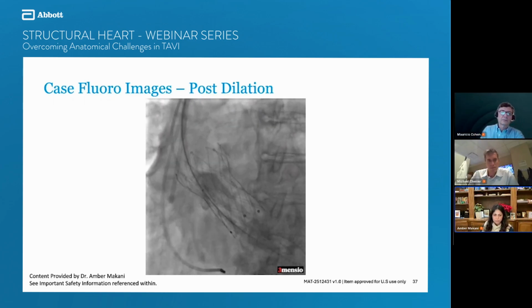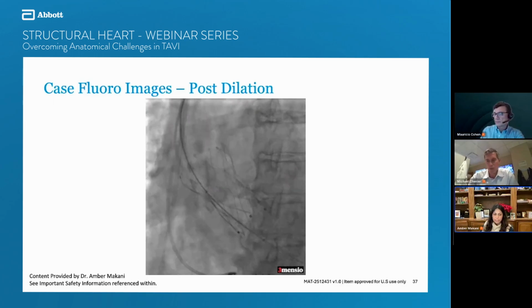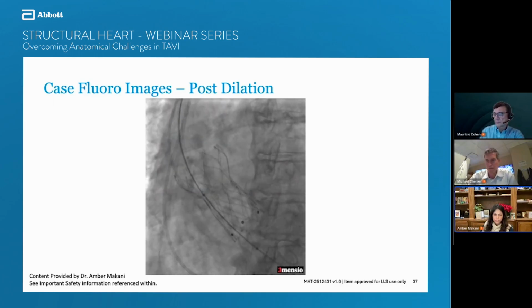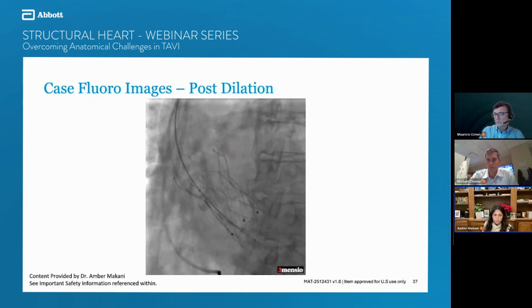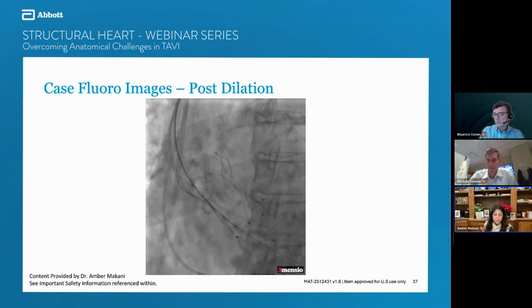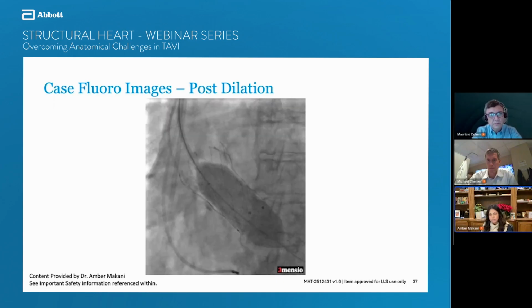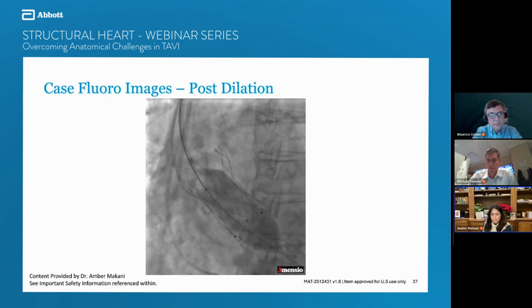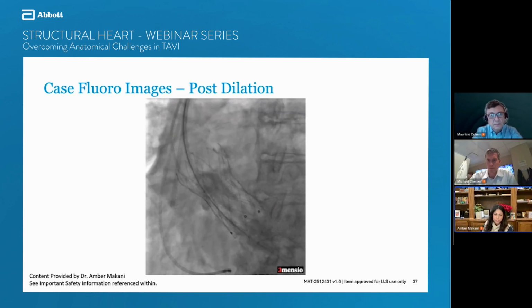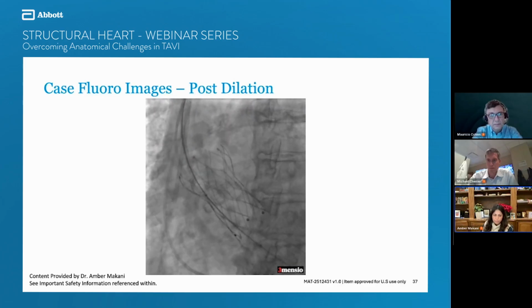I think this patient could have been pre-dilated using a larger balloon. I chose a 20 initially. But I do think a 22 would have been very appropriate, and a true balloon in particular. And there is PVL at the end in the last image, but I think that could perhaps have been prevented by more adequate preparation.